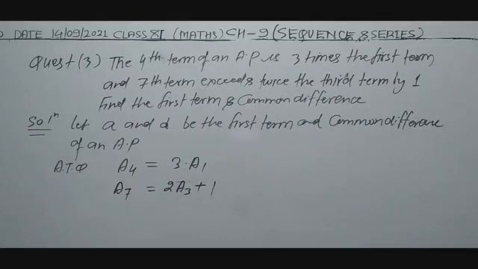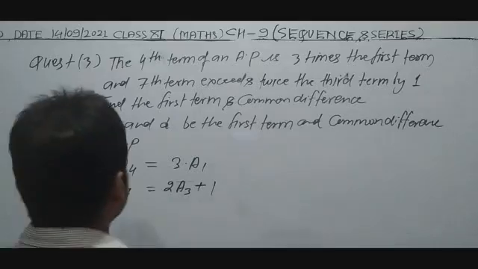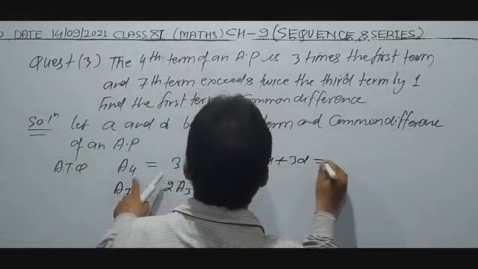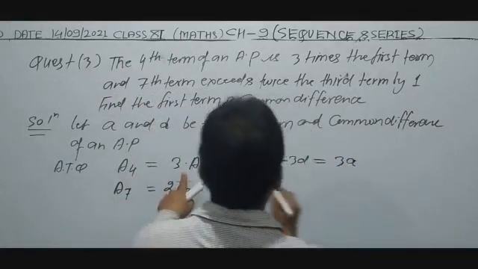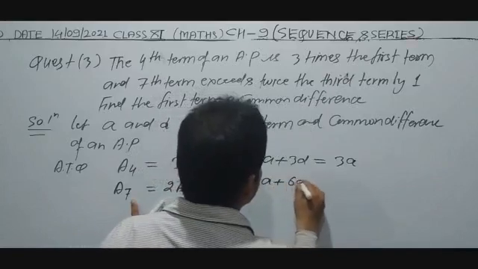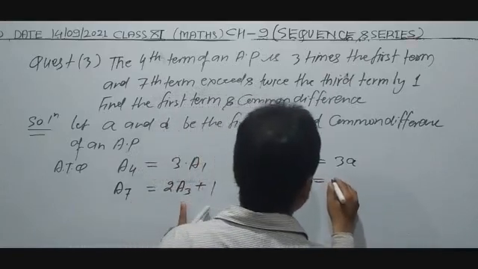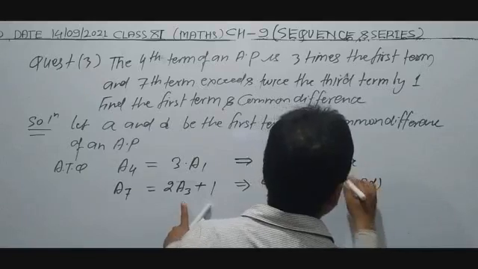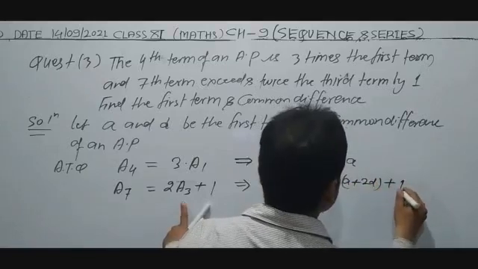So A4 we can write as A plus 3D is equal to 3 times A, and A plus 6D is equal to 2 times A plus 2D, plus 1.